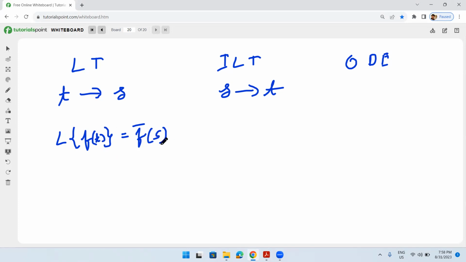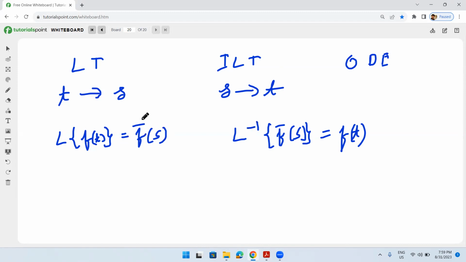Here it is reversed. Taking L to the right hand side, we get L inverse. So L inverse of f bar of s is equal to f of t.